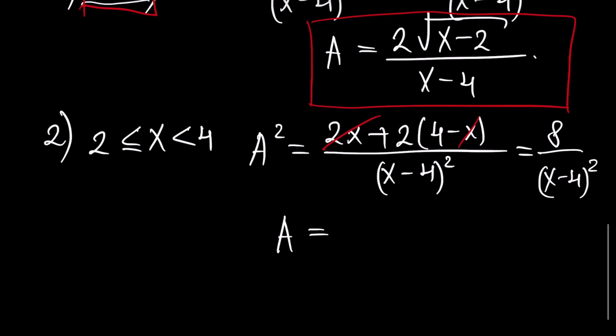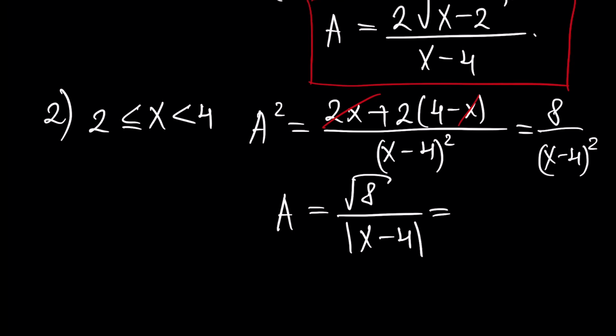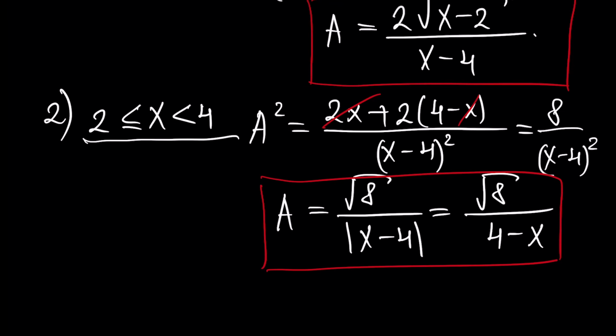Or A is equal to square root of 8 divided by the absolute value of x minus 4. And since x is less than 4, it will be equal to square root of 8 divided by 4 minus x. So this is the second answer for these values of x.